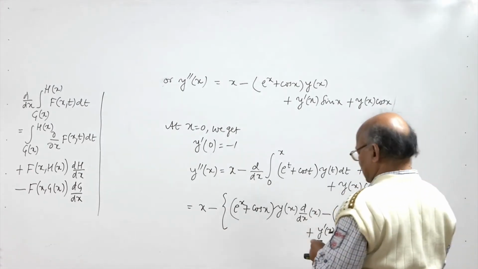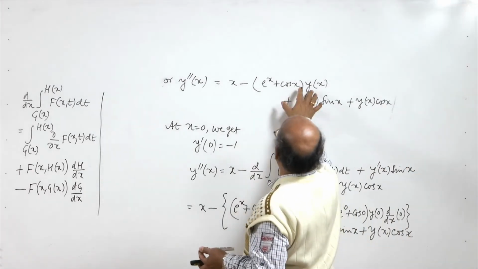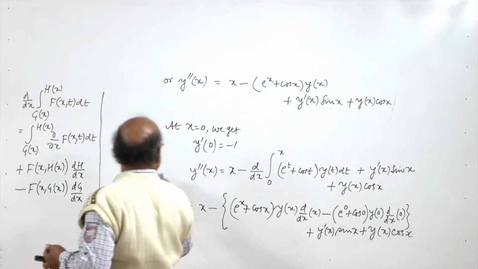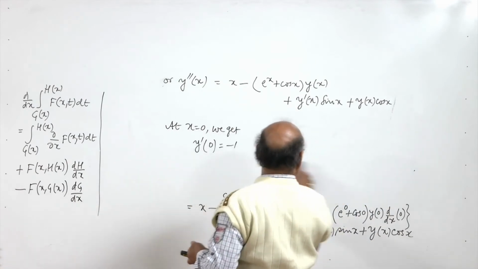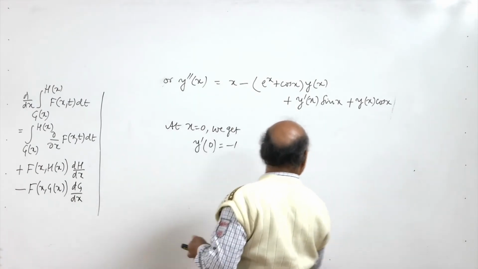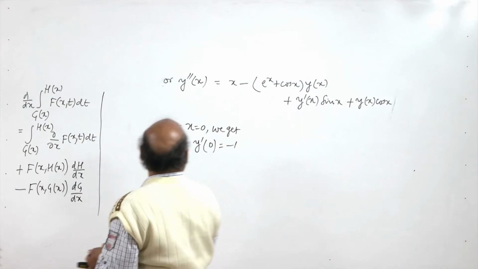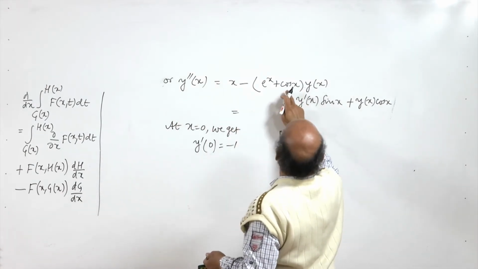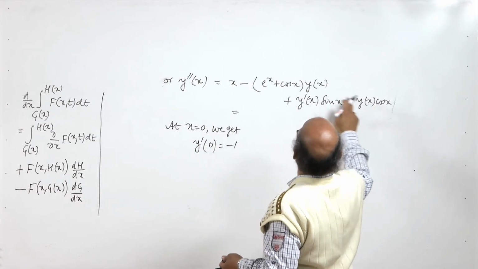We can see that when we multiply by y x here and simplify, so this is further equal to e to the power x, cos x into y x into cos x.